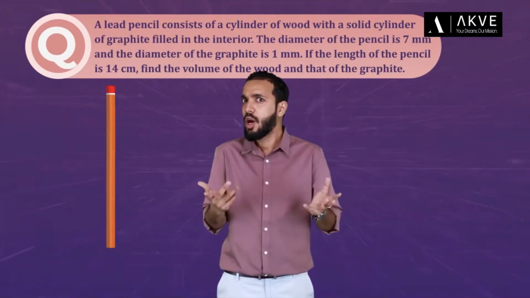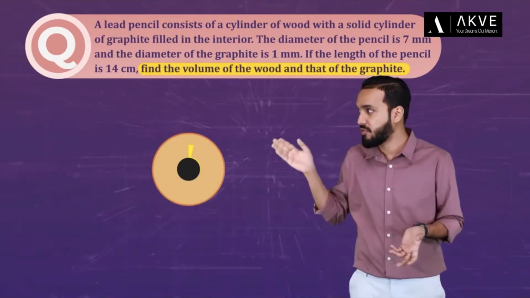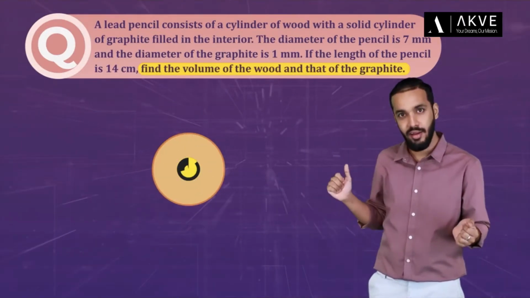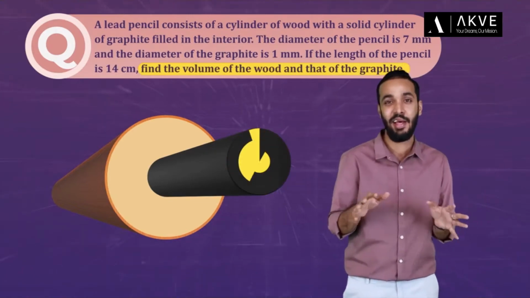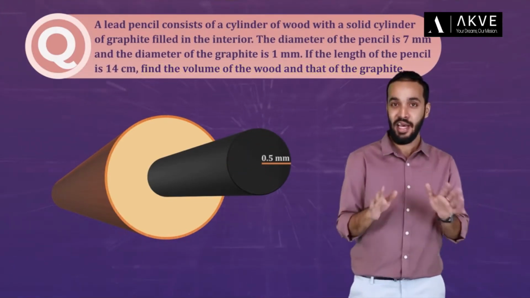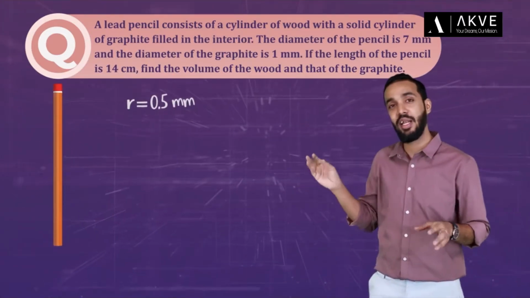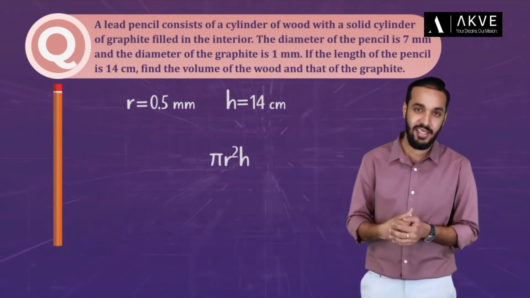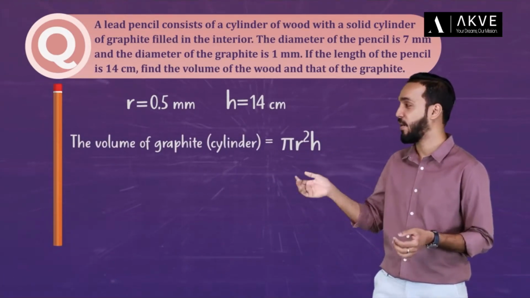So, what's your approach going to be for this one? How would you find the volume of the wood and that of the graphite? Well, finding the volume of the graphite is easy peasy. We know the diameter, which implies that we know the radius, and the height is already given. So, on using these values in the formula pi r squared h, we can easily find the volume of the solid cylinder of graphite.